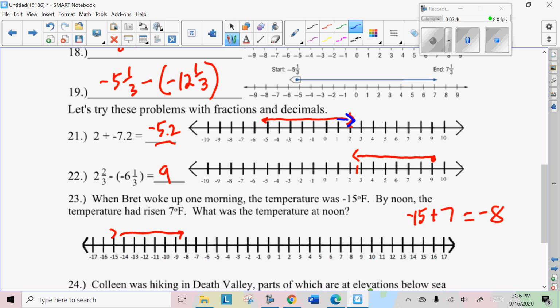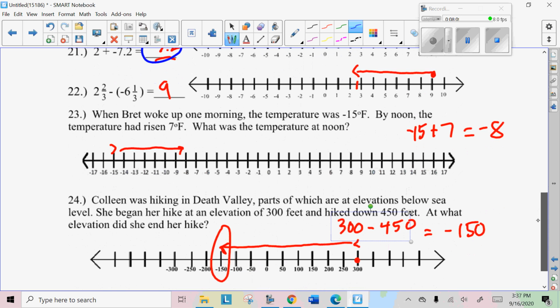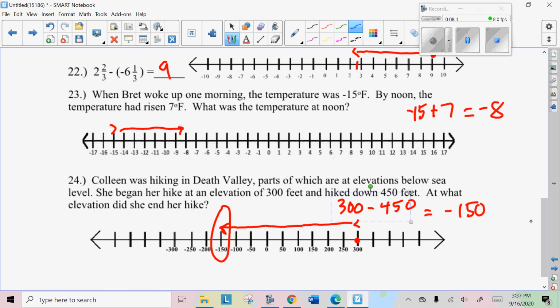Now I'm just counting 1, 2, 3, 4, 5, 6, 7, and a little more than that to get 7.2. And 2 minus 7.2 is -5.2. All right, and the other ones you can just check your work, see how you did.